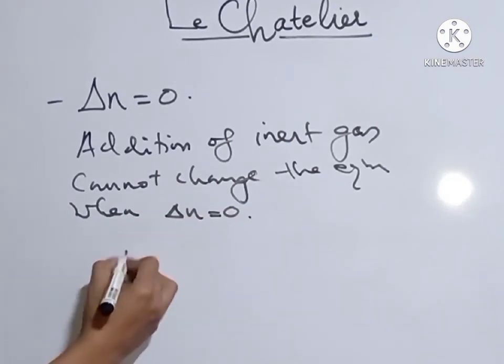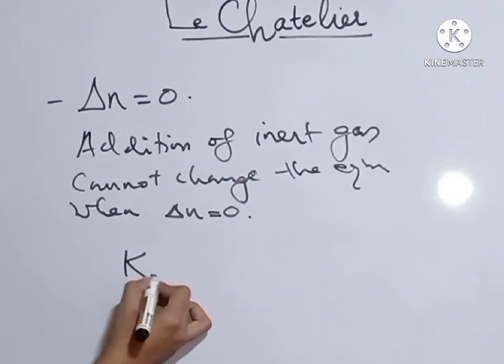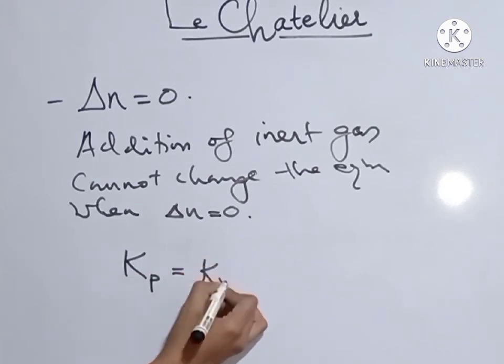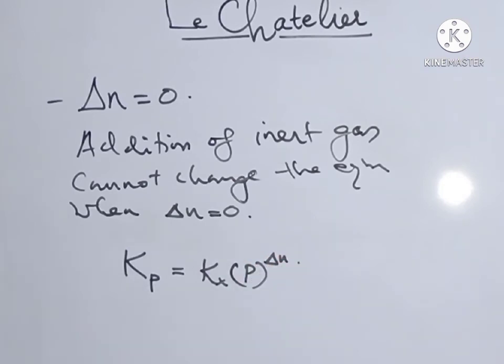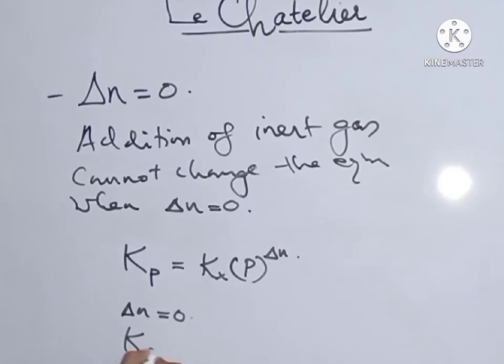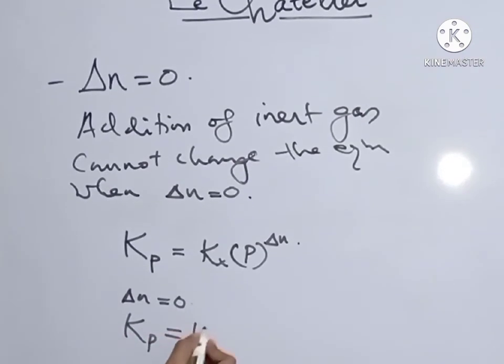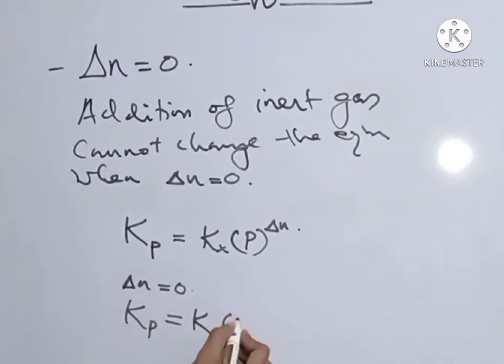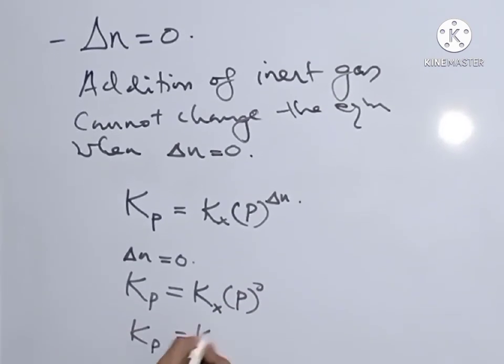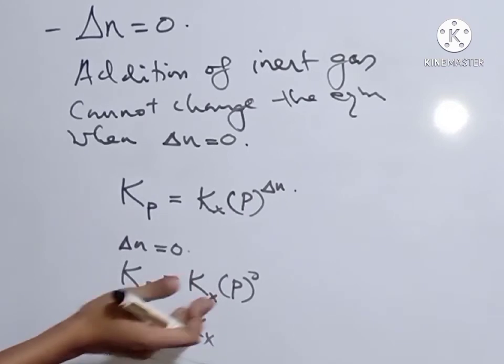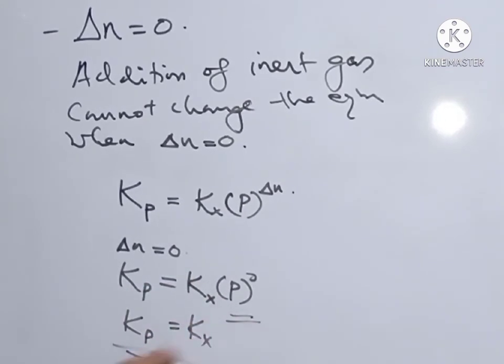We know the equilibrium constant in terms of pressure, Kp equals Kx into P raised to delta n. So when delta n equals 0, Kp becomes Kx into P raised to 0. That is, Kp equals Kx. That is, the equilibrium is independent of the pressure term.